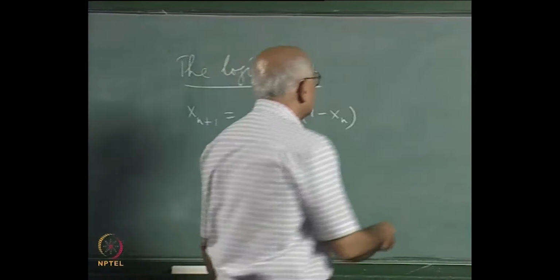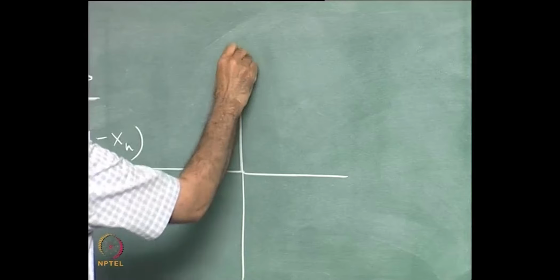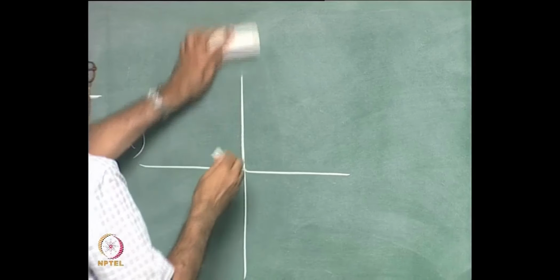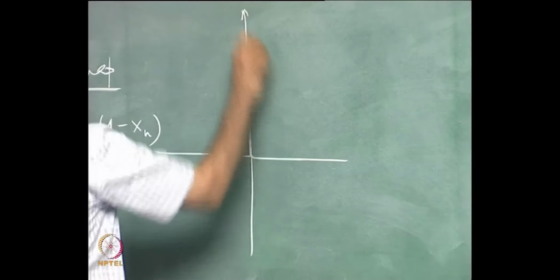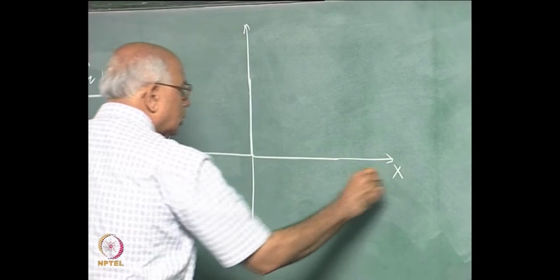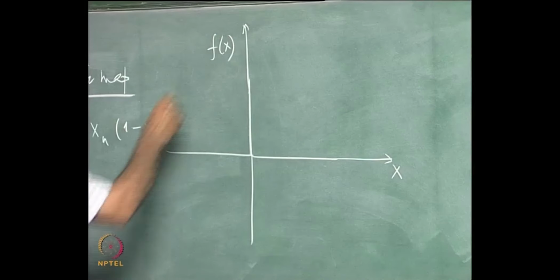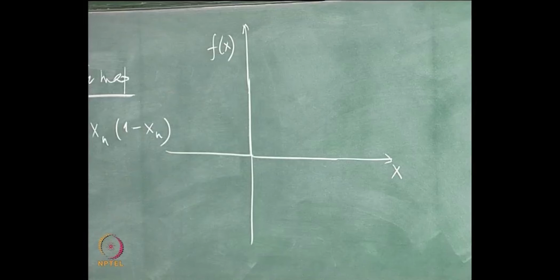So the map looks like this. In fact, we should draw the full map and then we will see why I am going to restrict myself to the unit interval. So let us put x here and f of x, which is mu times x times (1 minus x). Mu is positive.